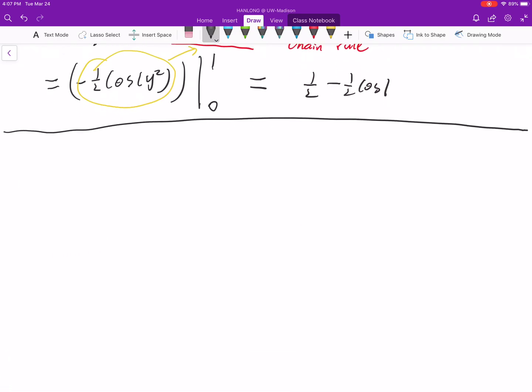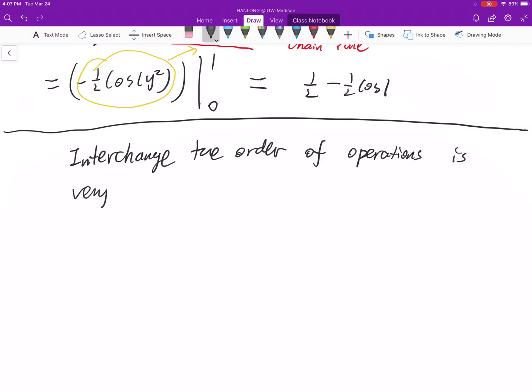So here I should say interchanging the order of operations is very important. It's a very important technique in mathematics.